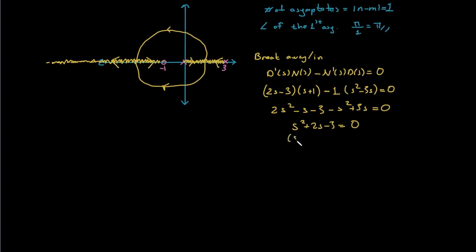So this is equal to s minus 1 times s plus 3, and I have two s values over here.